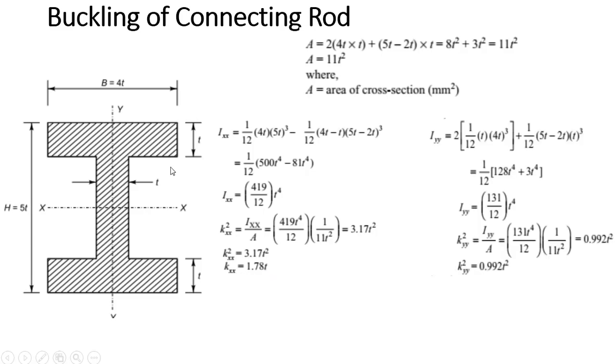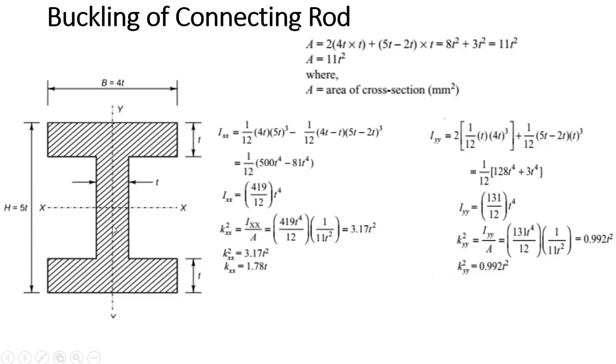Similarly, you can calculate IYY. Since all the areas are centered about the axis, you simply use bd cube by 12 for each part. Along this axis you calculate the moment of inertia for this part, and along this axis for this part, so every axis is centralized.